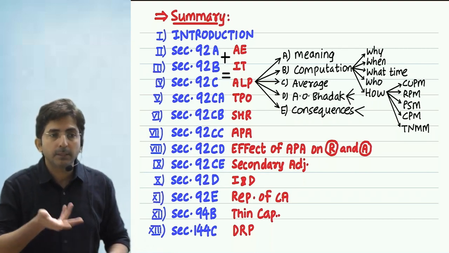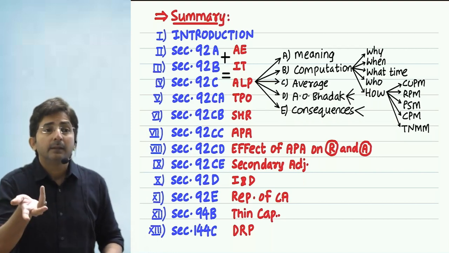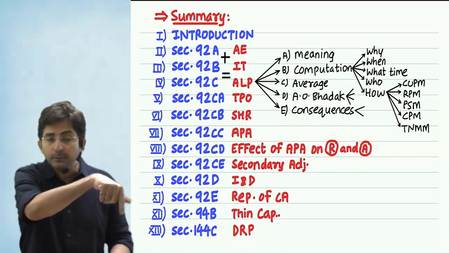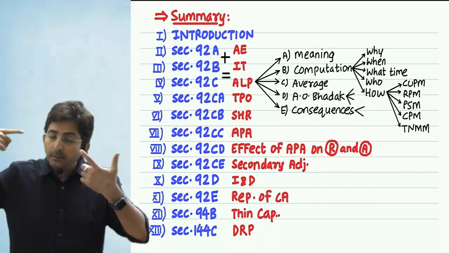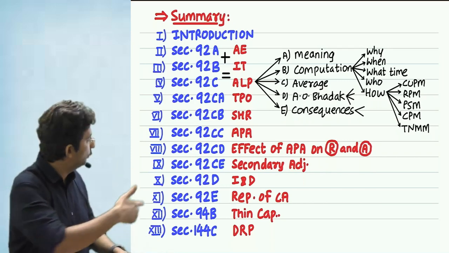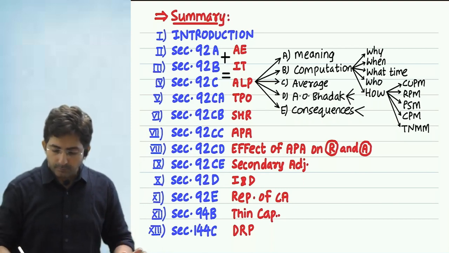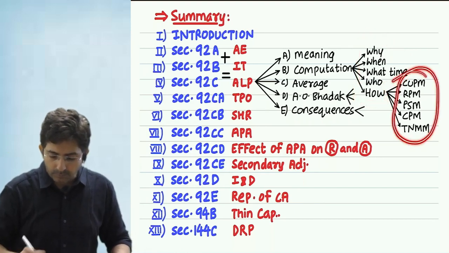When some dispute arises on account of ALP, a transfer pricing officer is involved, and if he is not able to resolve it, then the dispute resolution panel is involved. So these things will come in future sections. Anyways, till now we have done till here. Next, these methods will be completed.